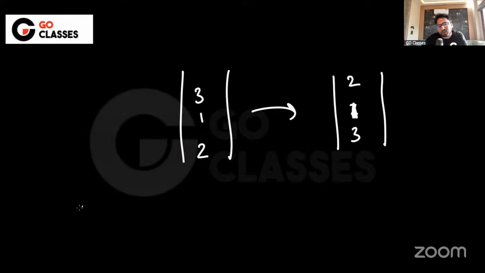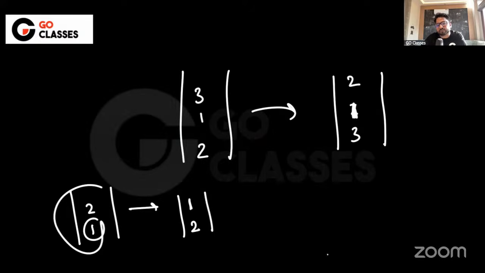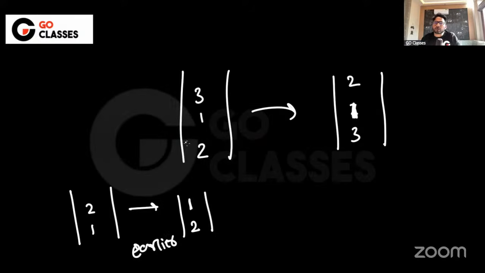See, I told you that if these are the two elements, earlier we went from here to here very easily, right? How? You can just pop it and then just push it. This is earlier. Now, if I pop this and push it, actually it won't work.